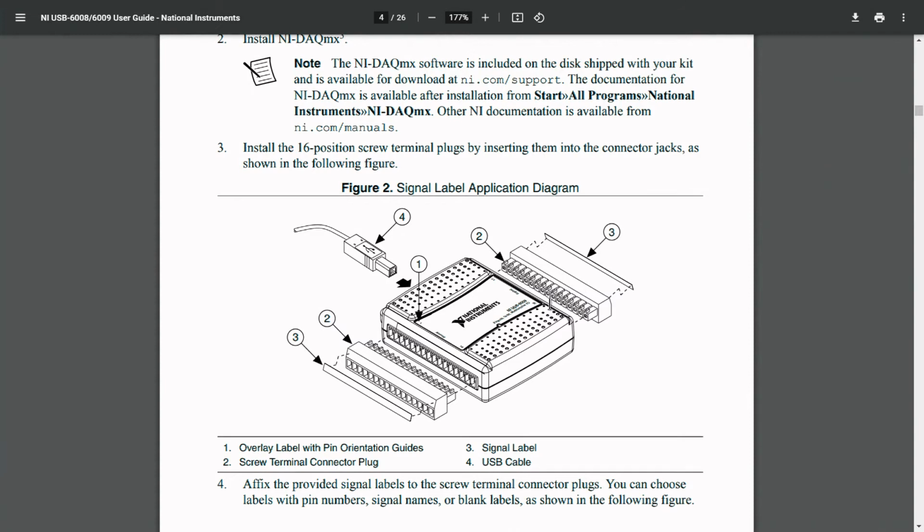On one side, pins 1 to 16 are for analog input, where we have a screw terminal connector plug, and pins 17 to 32 have another screw terminal plug, which is for digital communication.